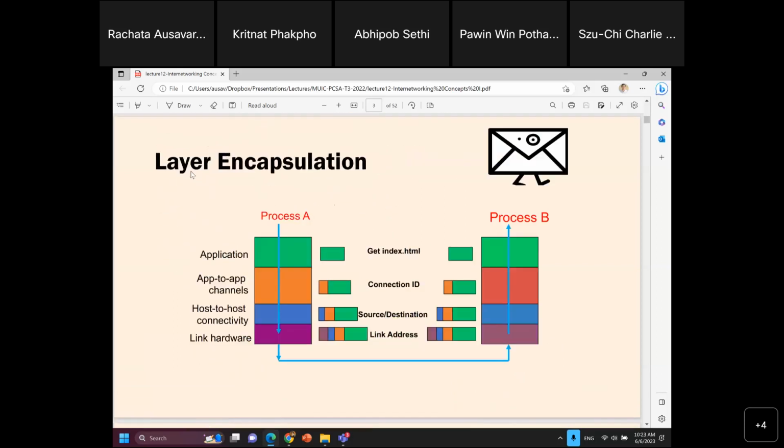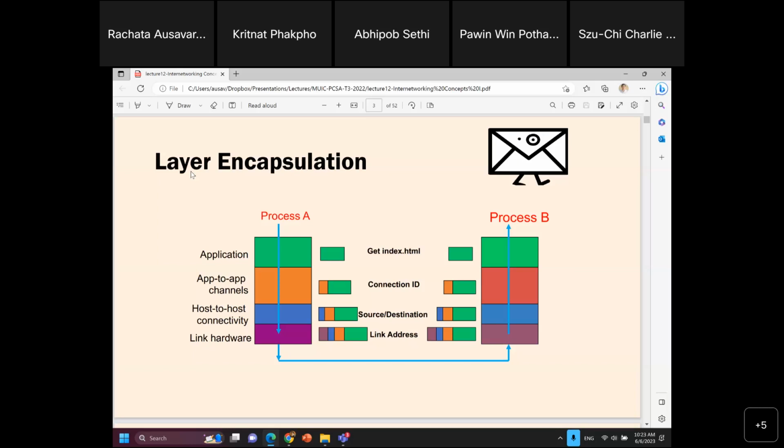So to encapsulate this, you have two processes that want to talk to each other. From the application side, you just do get and then the address, get index.html, and hopefully the process will respond with the content of the website. So you send the get command, right?